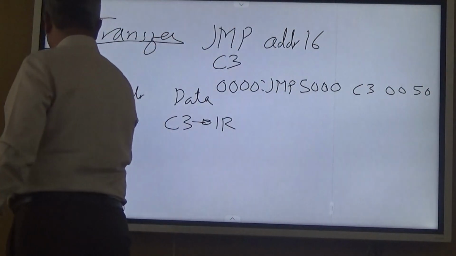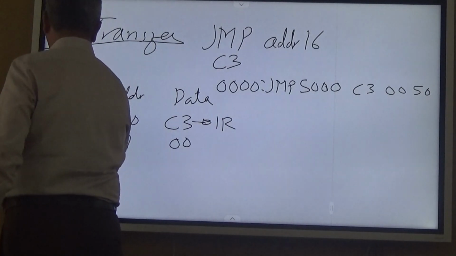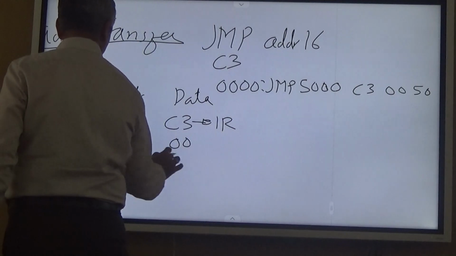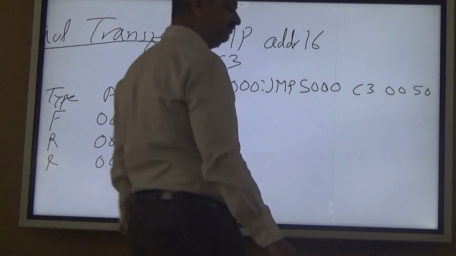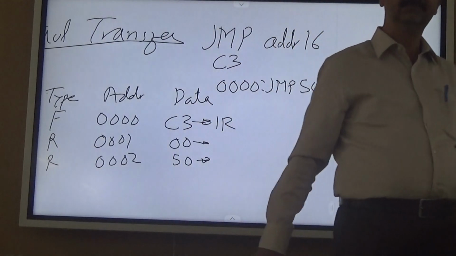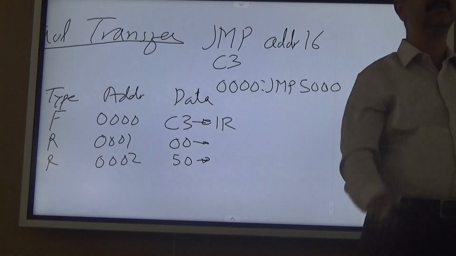Read 0001, 00. Read 0002, 50. So what should happen with 0050? Why WZ? Why?